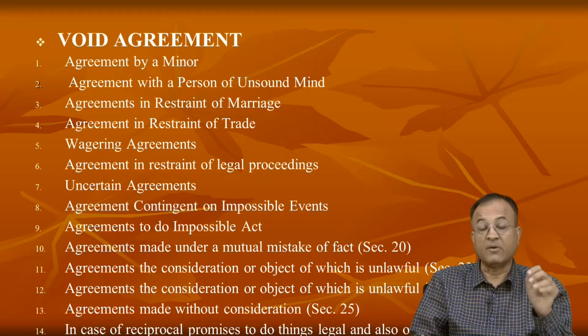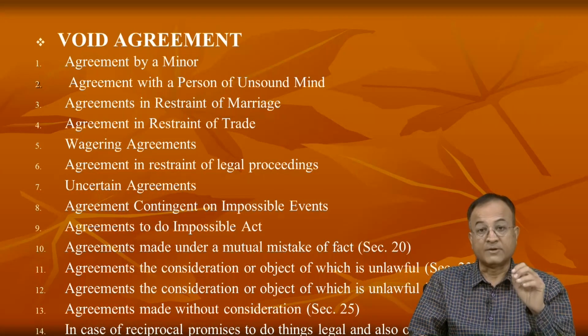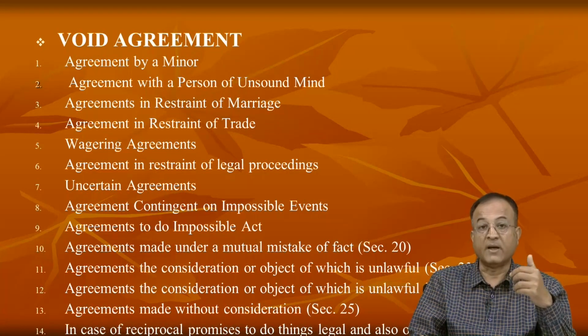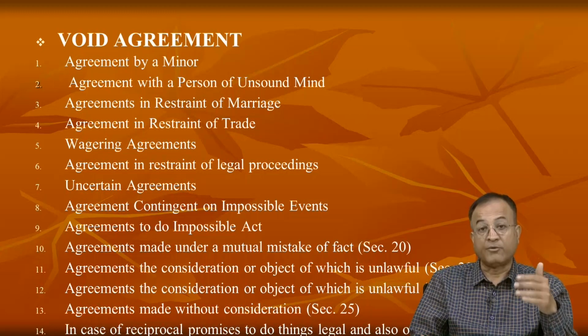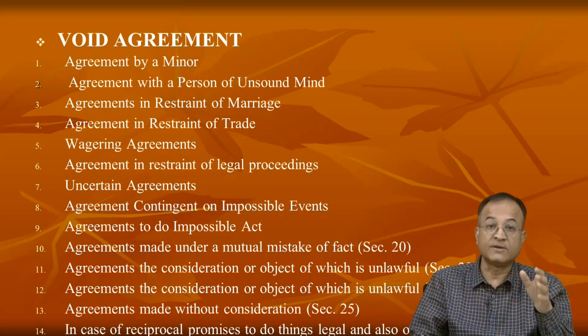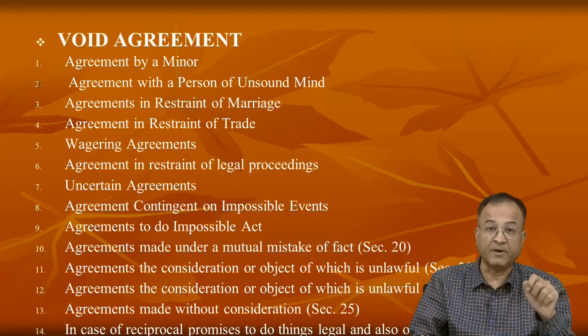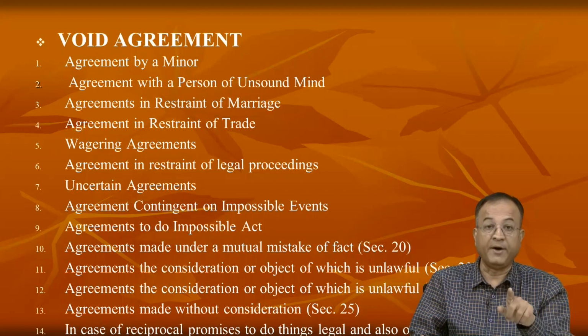They do not have the ability to judge what is good and what is bad for them. Consequently, when a minor is accused of obligation and the other contracting party seeks to enforce these obligations against the minor, the agreement is considered void.